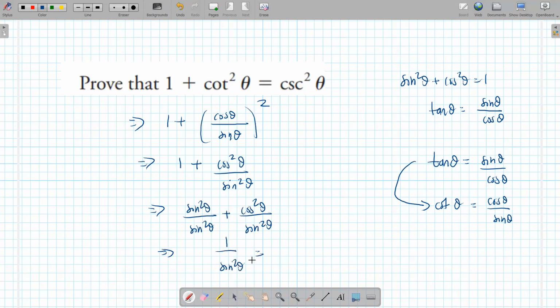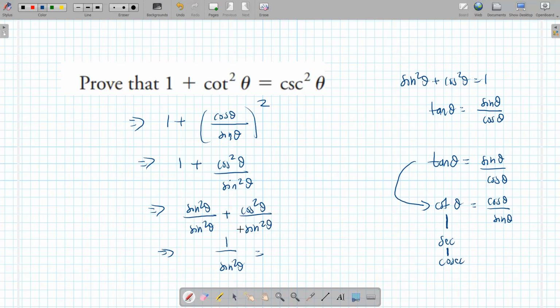What's 1 over sine squared? What's the reciprocal of sine? So you have cot, sec, and cosecant. All of these are reciprocals. The reciprocal of sine is cosecant, or CSC.